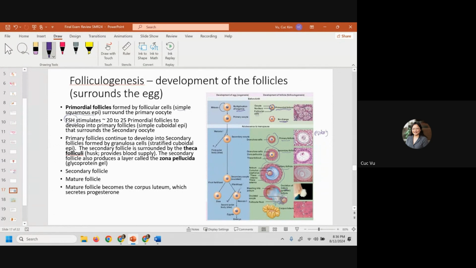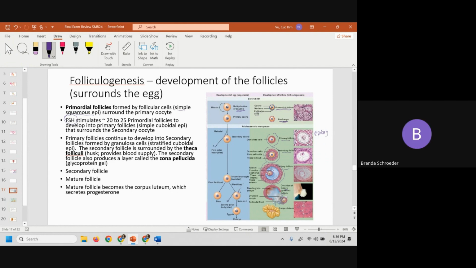How does it get thicker? In shape or in layers? It's actually in both. So the first change that you'll see is in shape, and then the second stage that you'll see is in layers. It starts off as what again, in the primordial follicle?